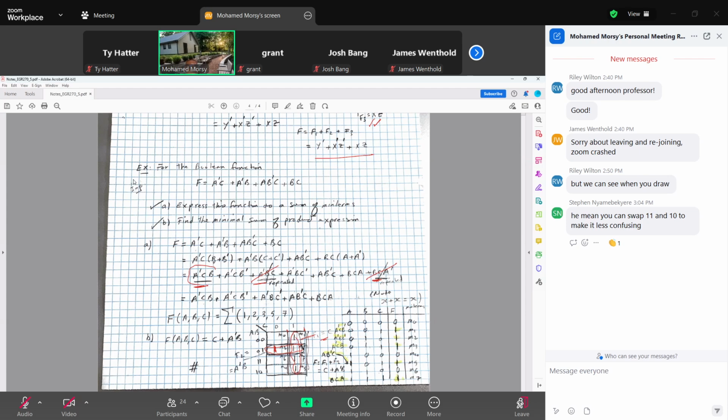Towards AB, A is 0, one value, so we take A inverted. Then B is 1, so we take B. Towards C, C has 2 different values, 0 and 1, so we skip it. So F as the best simplification is F1 plus F2, which is C plus A inverted B.